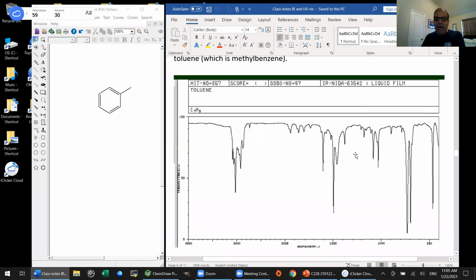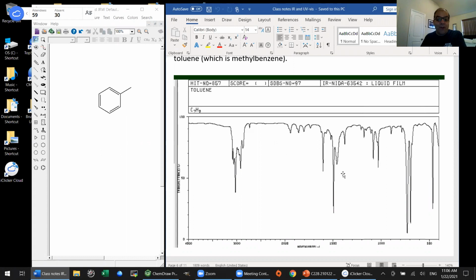Generally, round and about 1500 wave numbers, I usually think those are probably carbon-carbon bond stretches within the aromatic ring. Some of these lower frequency ones might be CH bending vibrations. I certainly am not concerned to identify every last one of those peaks.